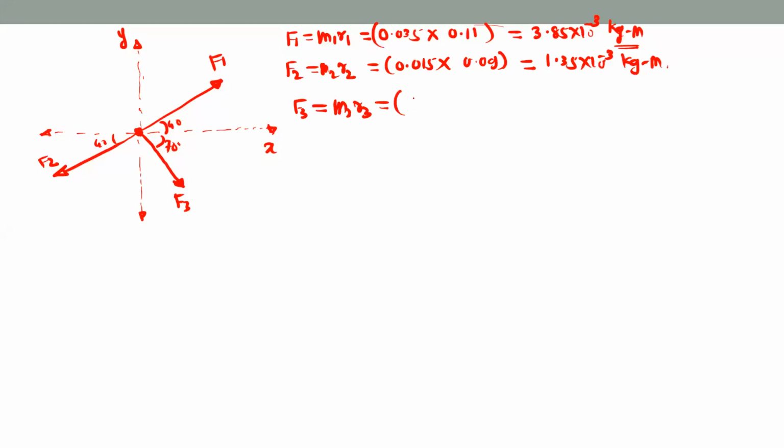So this is equal to 0.025, that is 25 gram, into 0.13, that is 130 millimeter radius. So this is equal to 3.25 into 10 raised to minus 3 kg meter. Okay, so these are the values of forces. These are the unbalanced forces created by the masses M1, M2, and M3.